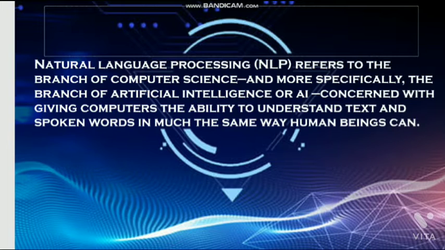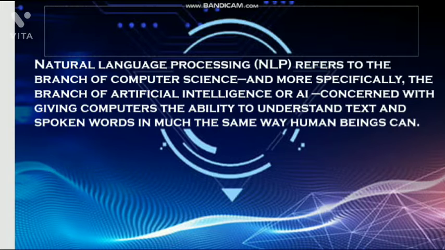We humans have the ability to write and to read, and we can understand what we are reading, seeing, or writing. So basically the NLP helps the computers to get these abilities that we humans have.